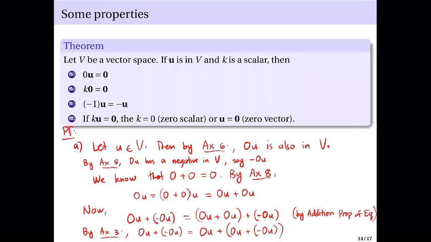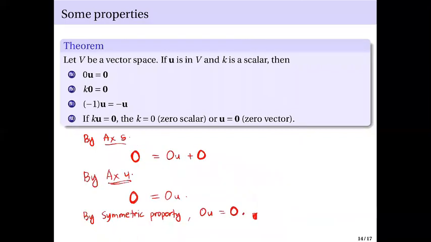So we have this vector 0u, we add the negative of 0u, it's this guy here. So this will just be 0. And then this part here, we apply axiom number 4, we'll just get 0u. So that's the proof for letter A.